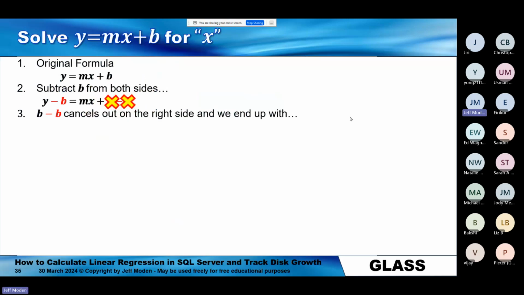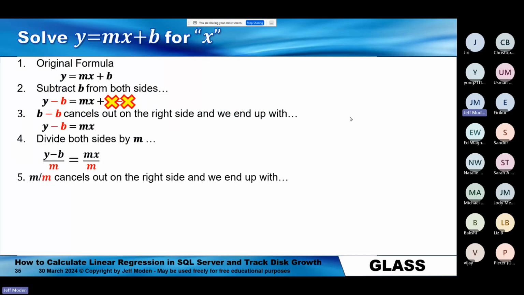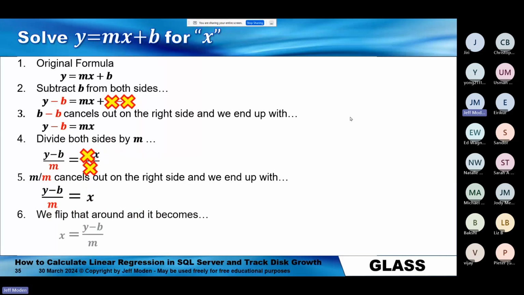And so we end up with y minus b equals mx. And to further isolate and get just the x out on the right-hand side, we have to divide both sides by m, and the m divided by m cancels out, and our final formula is y minus b divided by m equals x.